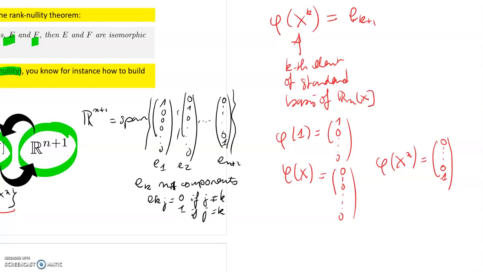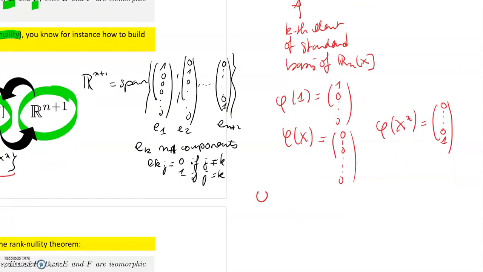And of course, we can build phi minus 1, which, from Ek, phi minus 1 of Ek is x to the power k minus 1, for k going from 1 up to n plus 1. So it goes from 1 to x to the n.